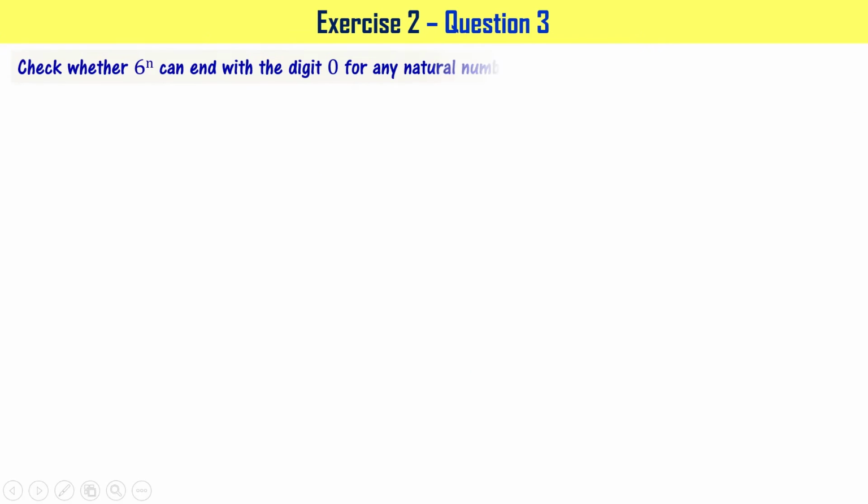Question number 3. Check whether 6 power n can end with digit 0 for any natural number n. We have to check whether 6 power n can end with digit 0 for any natural number n.